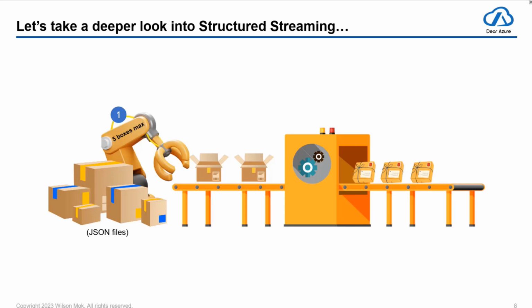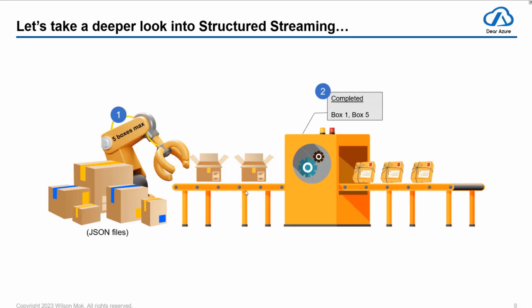So with structured streaming, what it does is it tells the conveyor, number one, how many boxes this conveyor belt can take. So in this case, we can take a maximum of 5 boxes onto the conveyor belt. Anything more than that, the machine will break down.